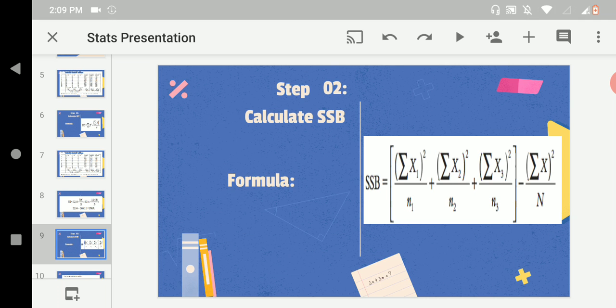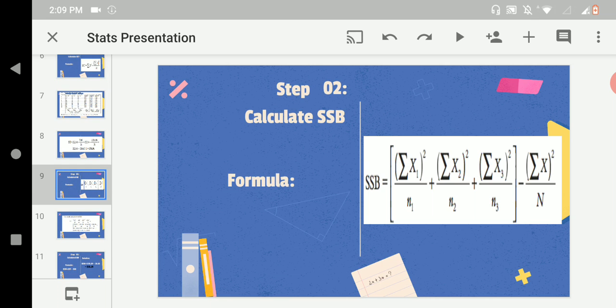So in calculating SSB, here is the formula. Do not be confused by these summations, the summation of x1, x2 at the lower part of the x. It is only the summation of each group. Don't worry, you will be able to see the value of these summations in the table of your data.